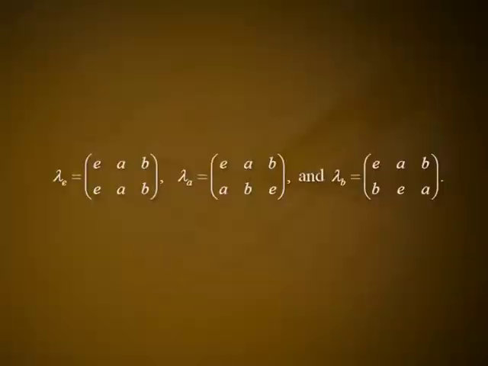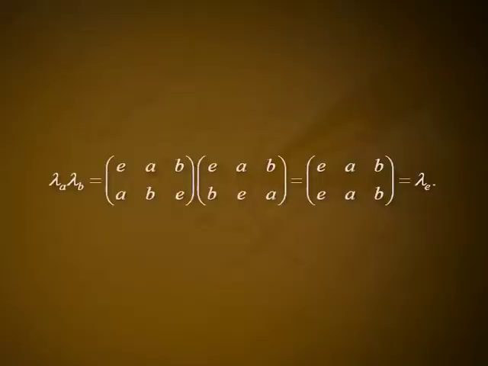Here the elements are lambda e is equal to permutation e to e, a to a, b to b. Lambda a is equal to permutation e to a, a to b, b to e, and lambda b is equal to permutation e to b, a to e, b to a. The table for this representation is just like the original table with x renamed lambda x as seen in table 4.